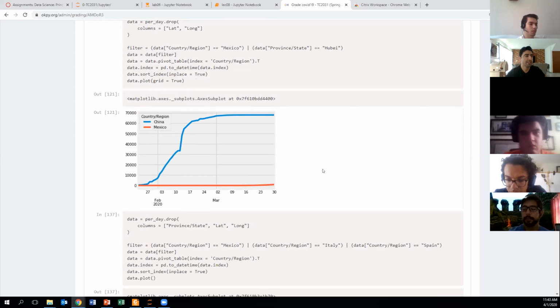Okay, so the question is, does this graph give me information or not? And kind of. So can you draw some conclusion from this? Well, that China is where the infection started, and it didn't arrive to Mexico till way later. Okay.